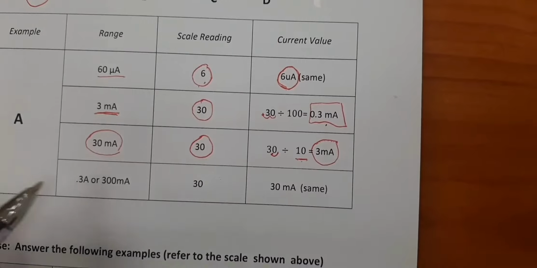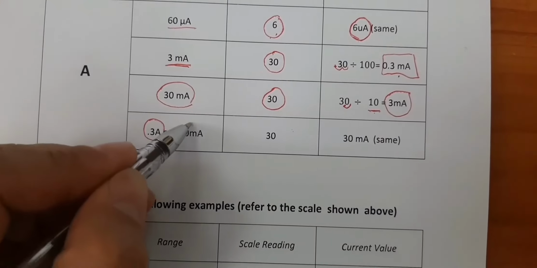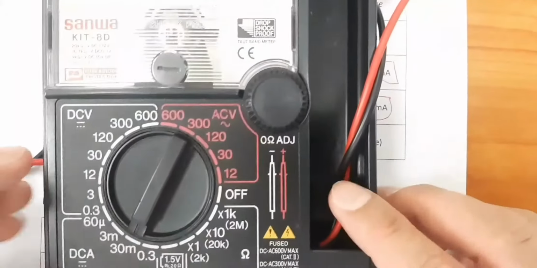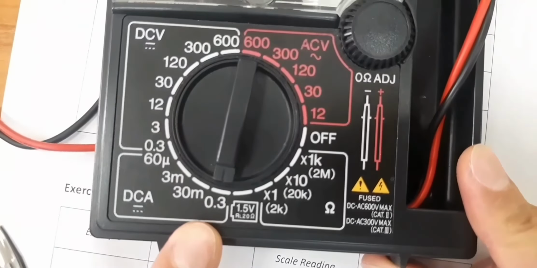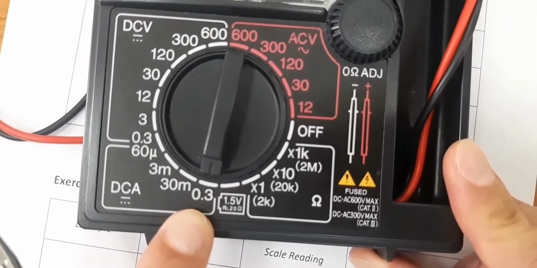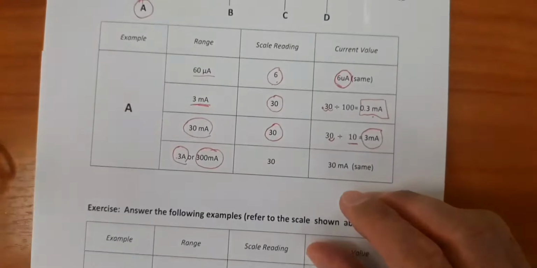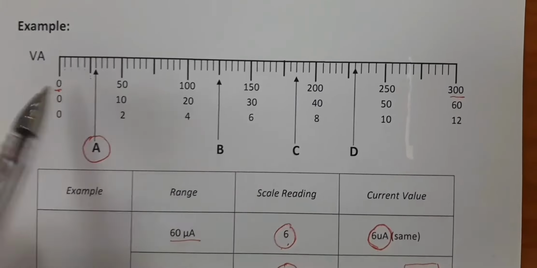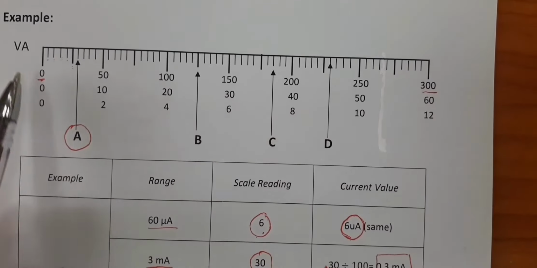Now let us proceed to the range of 0.3 ampere or 300 milliampere. Again, the scale that we are going to use is 0 through 300, and the value of each line is 5.